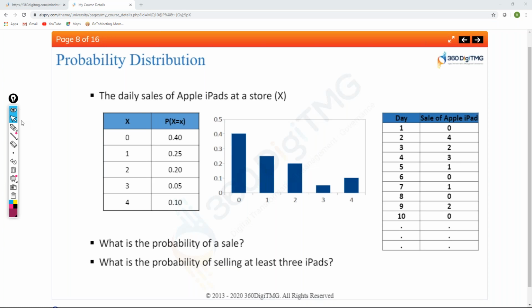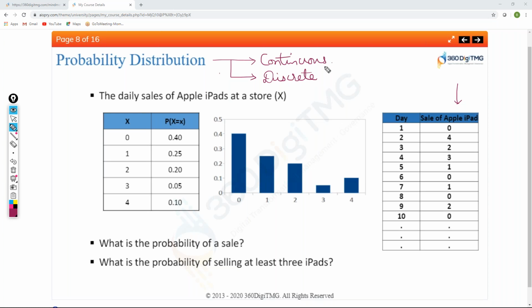That's probability distribution. Now, the question that I wish to ask you is, for this data, is the probability distribution called a continuous probability distribution or a discrete probability distribution?